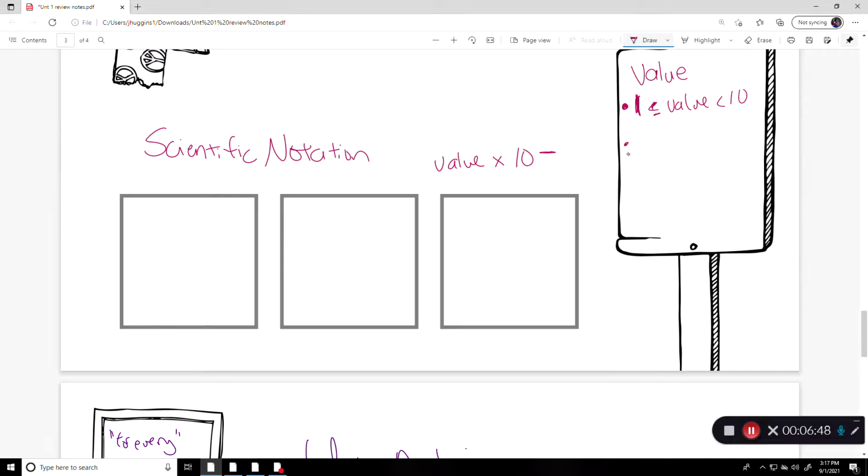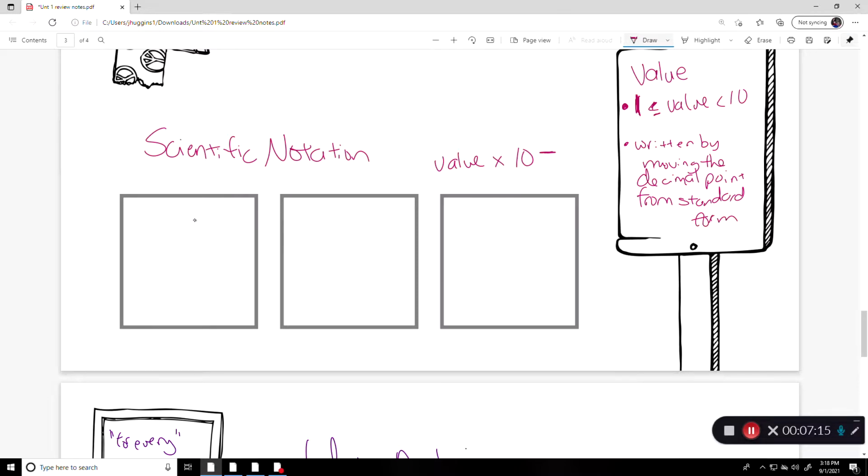And this has to be written by moving the decimal point. That's important because I can't just grab the numbers I want out of there. They have to stay as far from each other as they've always been. I'm just going to move my decimal point from however it was in standard form.